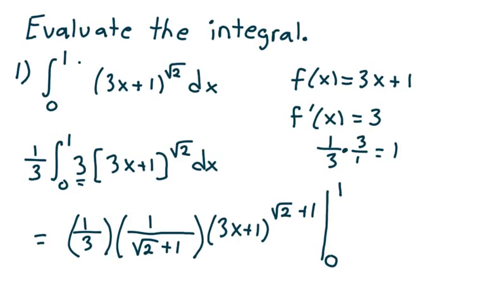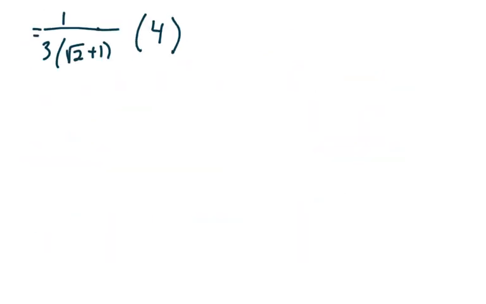When I pop the 1 in, I get 1 over 3 times the square root of 2 plus 1 times 4 raised to the square root of 2 plus 1. Let's write that again. And then I'm going to put this in brackets. And then I'm going to subtract off 1.